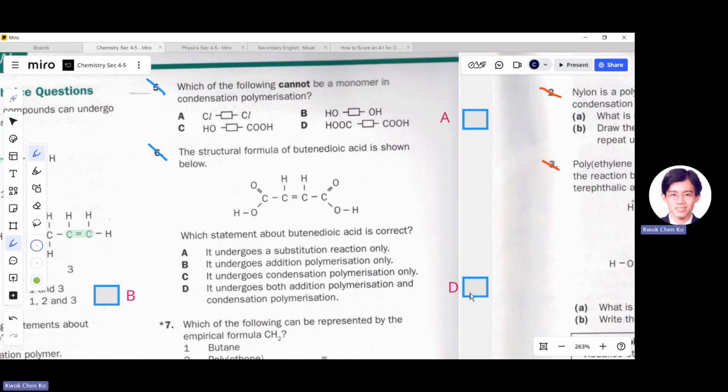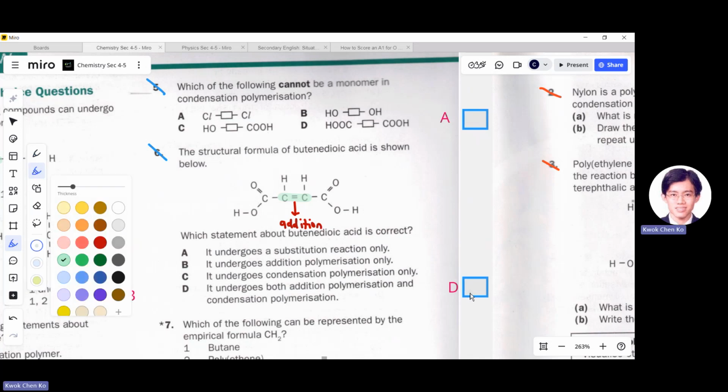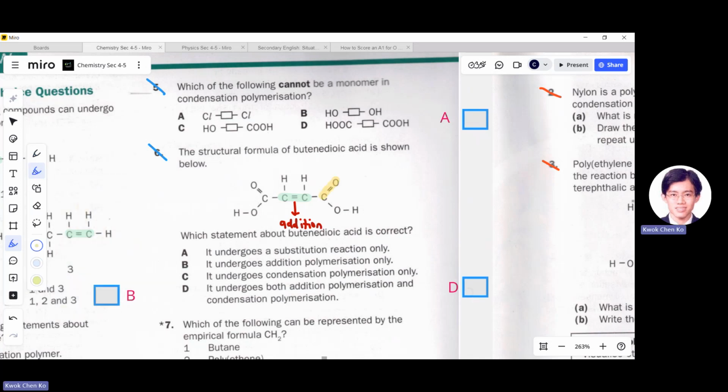Okay, come guys. You definitely recognize this. So this one means it can perform addition. But hopefully you also recognize these two groups. So it is a dicarboxylic acid, and therefore it's possible with another monomer to undergo condensation.